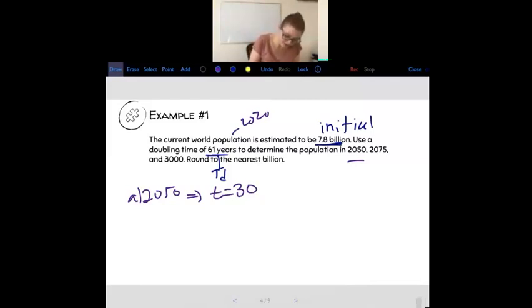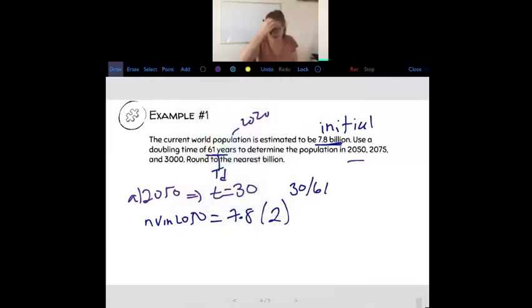So plugging this into the formula, our value in 2050 is equal to our initial value, 7.8 billion, times 2 raised to the 30 divided by 61. Now if you're going to put this into your calculator, the Casio is usually pretty friendly, but when you put this into the Texas Instruments, you do 7.8, parentheses, the caret, another set of parentheses, and close it out.